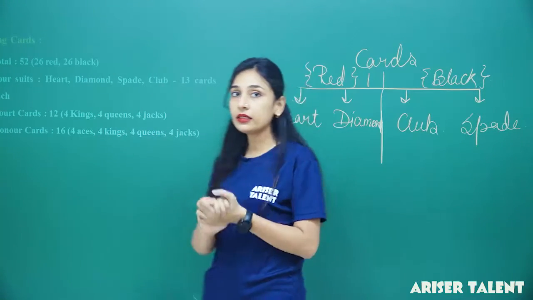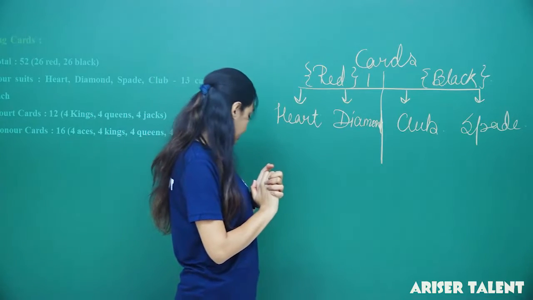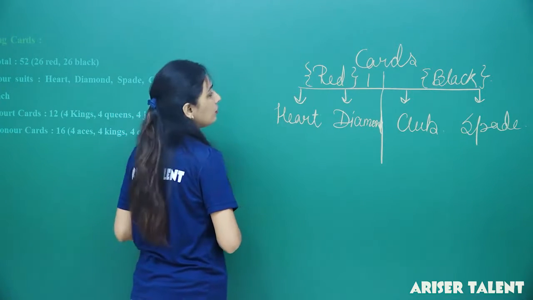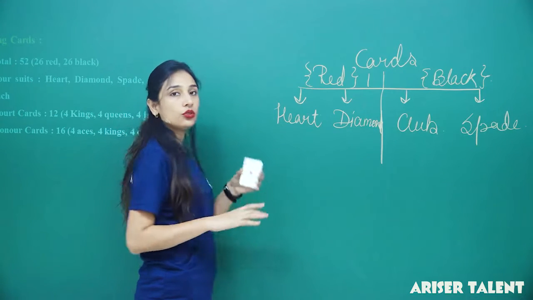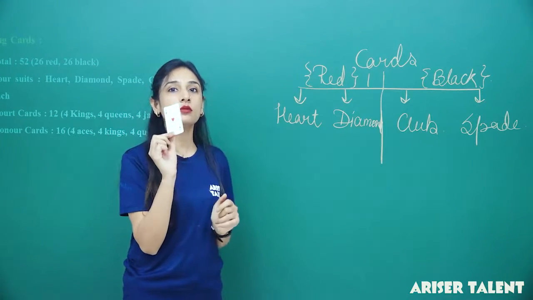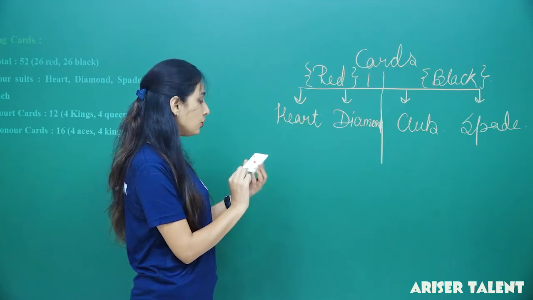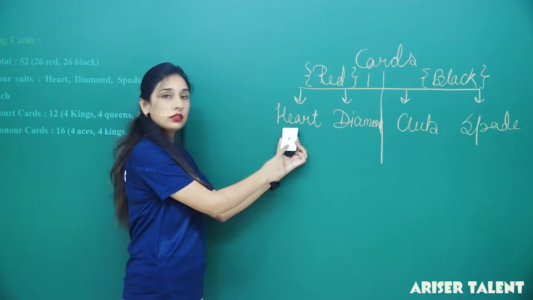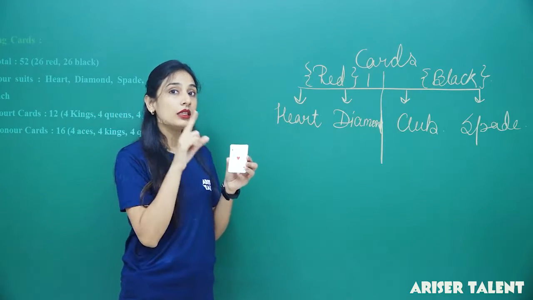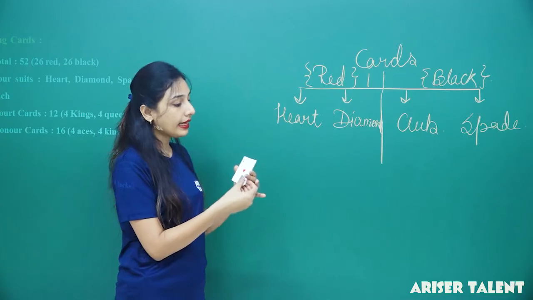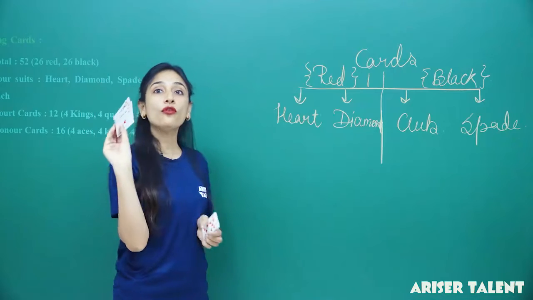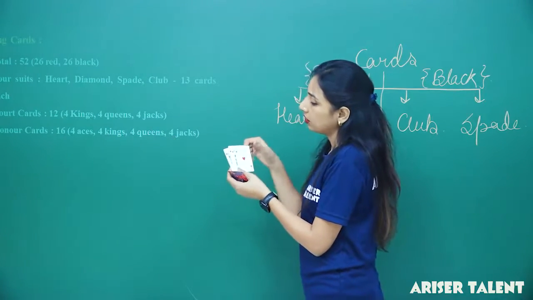So for better understanding, I'm going to make you visualize what cards actually are. You have seen this before in your life. If I'm talking about heart, this is heart, and we have these pairs. These will be the four cards.